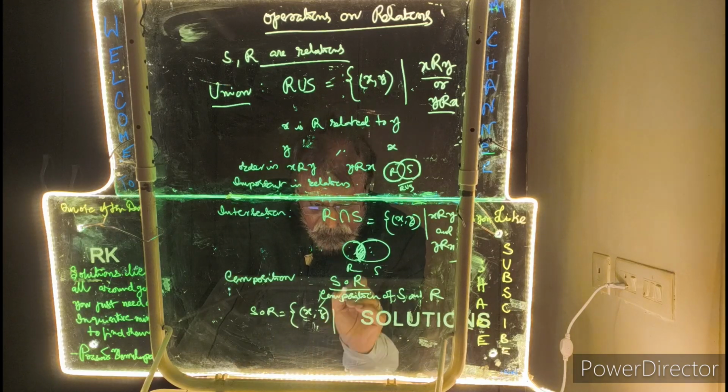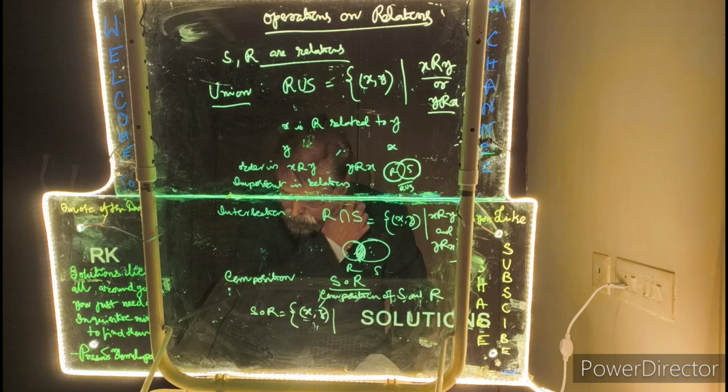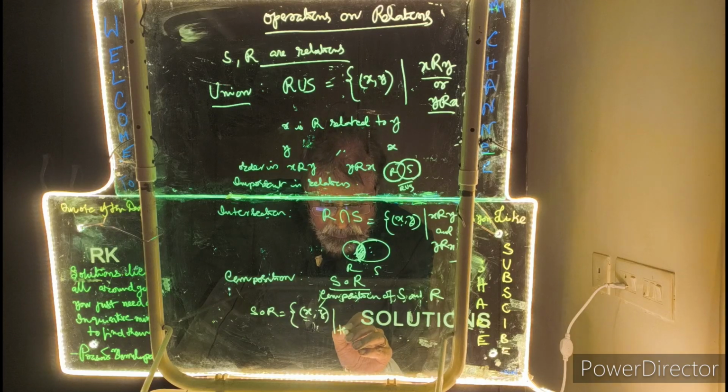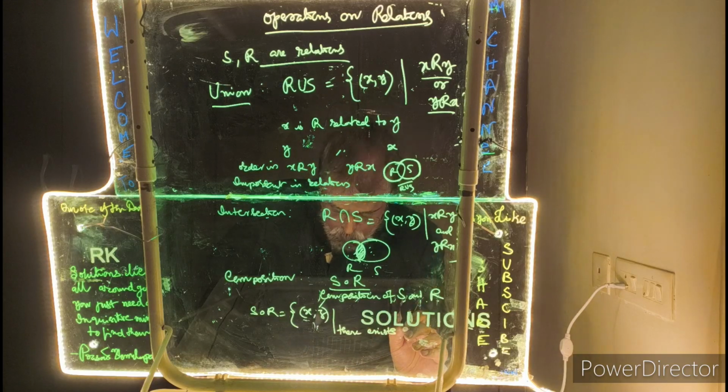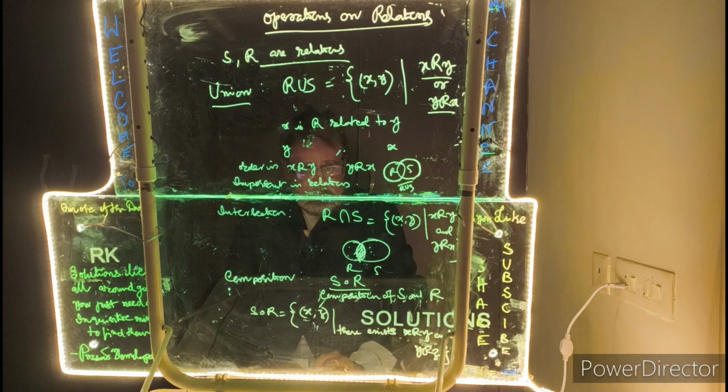Such that there exists y, x related to y and y related to z. What is the meaning of this?